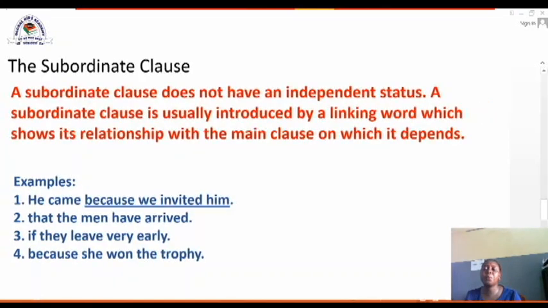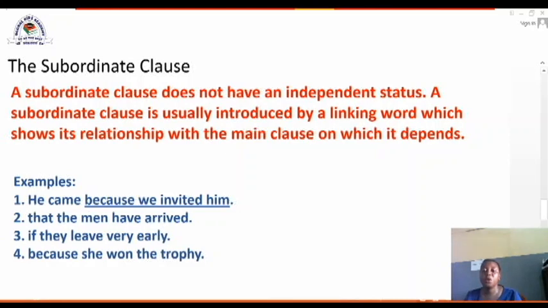Now, the subordinate clause. A subordinate clause does not have an independent status. A subordinate clause is a type of clause that depends on the main clause for its complete meaning. A subordinate clause usually is introduced by a linking word, which shows its relationship with the main clause on which it depends.